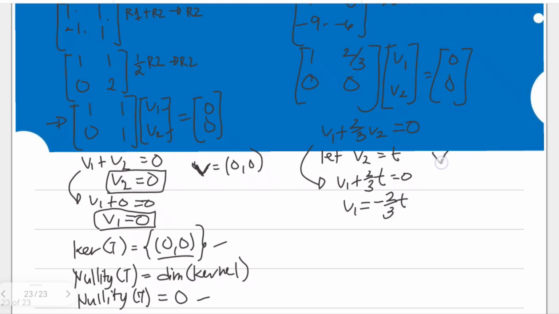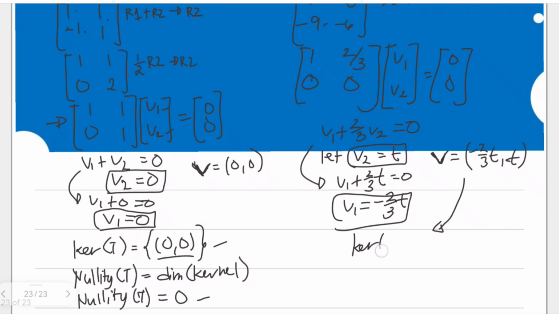Our vector in R2 has the first component negative 2/3 of t, and the second is t. Let me write it in the form of a set so that we have our kernel. The kernel of T is a set containing, after factoring t, the vector (negative 2/3, 1), such that t is an element of R. So this would be our kernel.